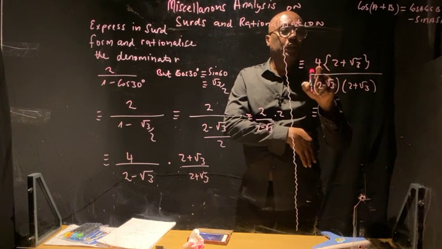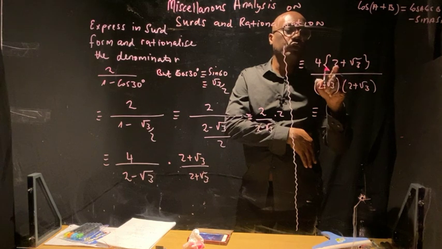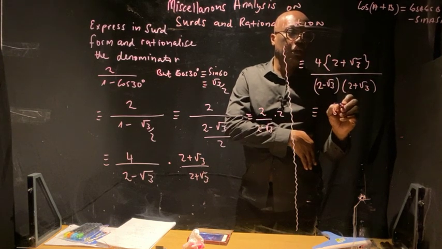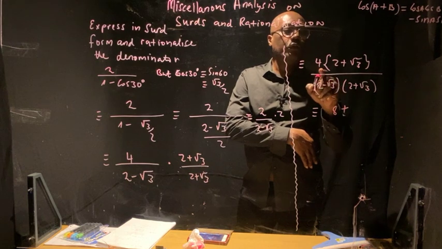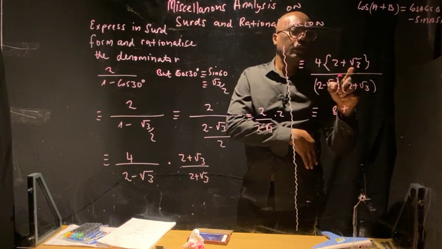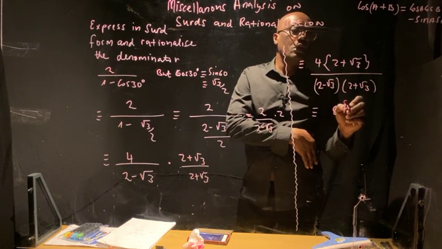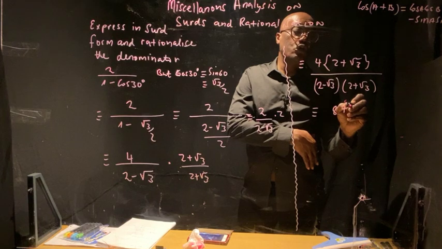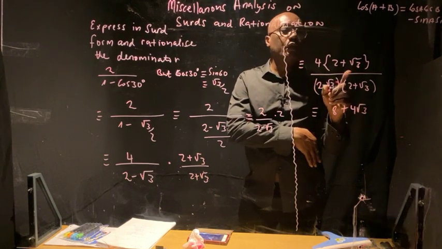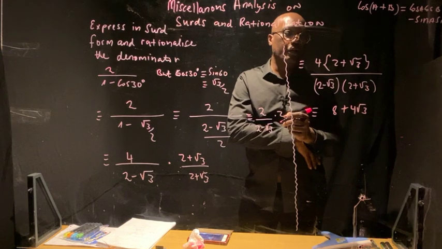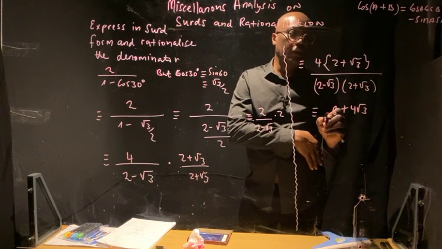The numerator, 4 times 2 is equals to 8 plus 4 times root 3 is equals to 4 root 3. Or you can leave it just like that without expanding it.